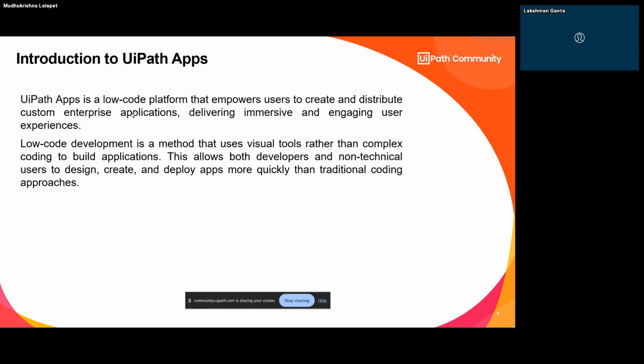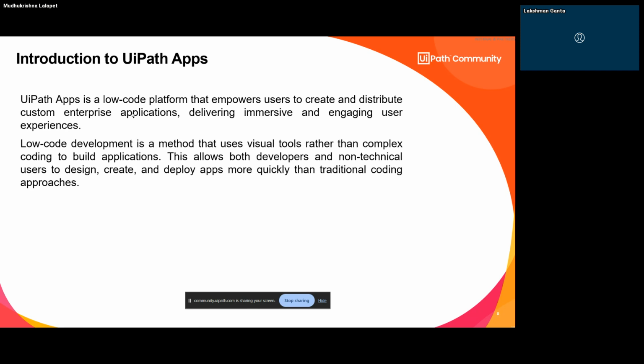Before getting into that, first we'll see what this UiPath Apps is and what the main use of these apps is. UiPath Apps is a low code platform. By using this application, we can easily create customized, interactive, dynamic web applications, through which we can pass input to our bots, read the output from the bots, and display it in the front end.